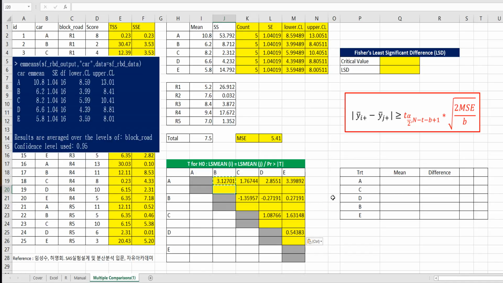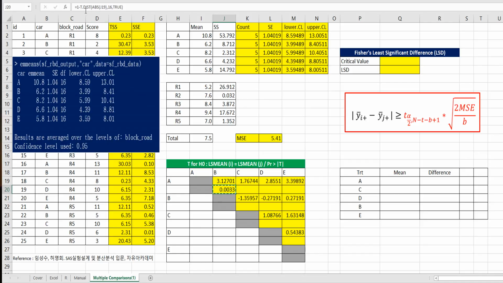Let's calculate the p-value. So we need to use the t function. The p-value can be calculated by 1 minus T.DIST of the t statistic, and the degrees of freedom should be 16, comma, TRUE.